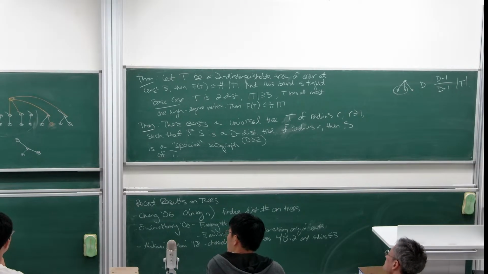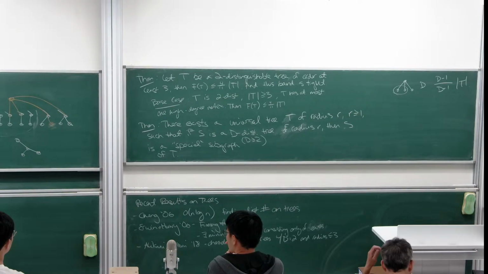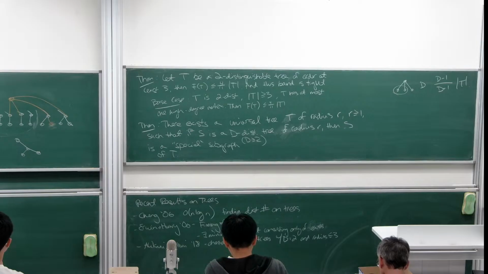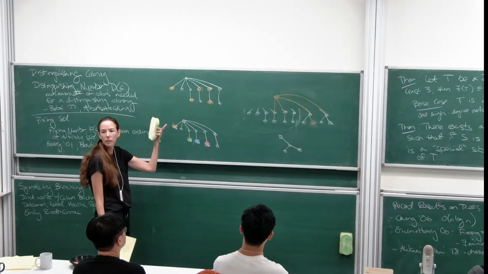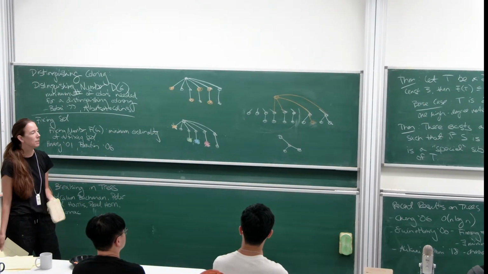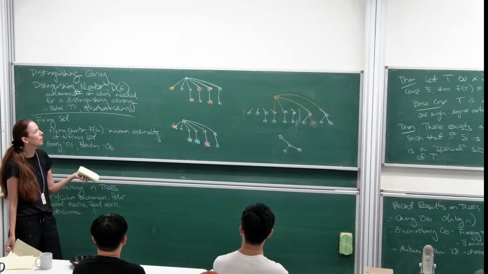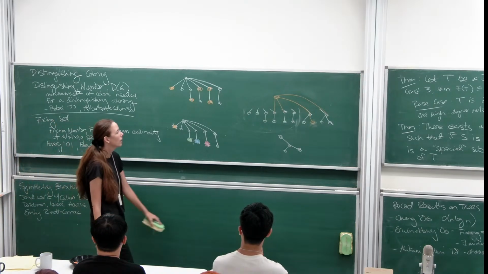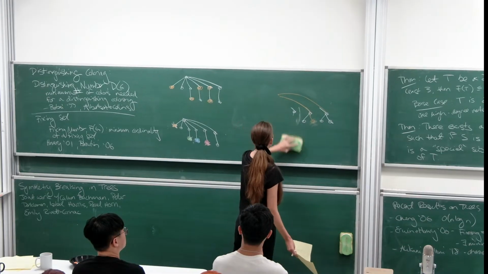One last thing of interest goes back to what we were talking about earlier, where instead of considering the minimum number of colors, you're looking at the minimum number of vertices that need to receive a new color and what goes on there.